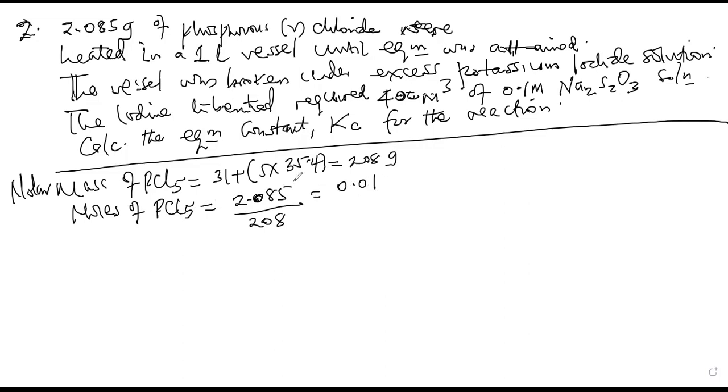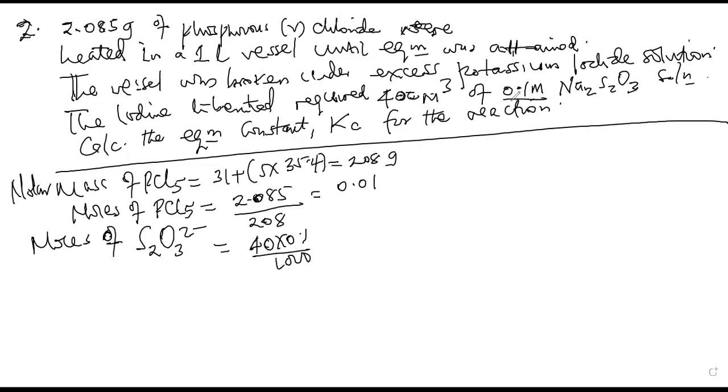Now after getting those moles, right, these are moles before equilibrium. Then we can as well get the moles of thiosulfate ions that reacted with the iodine. So moles of sodium thiosulfate will equal 40 times 0.1 out of 1,000.